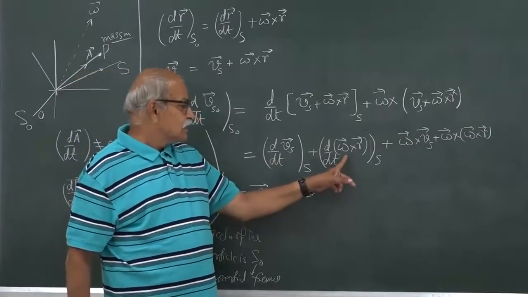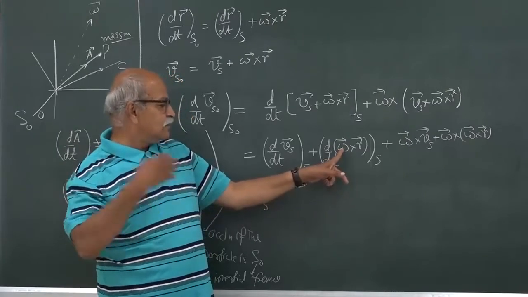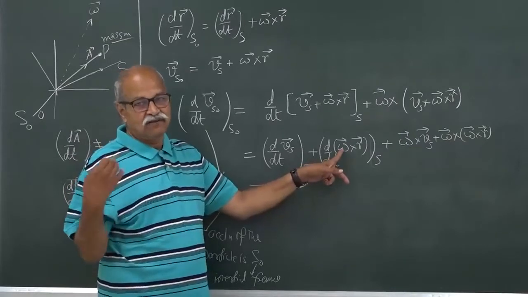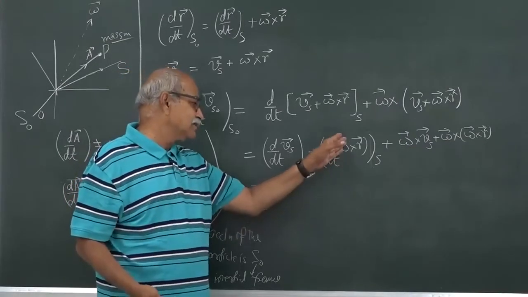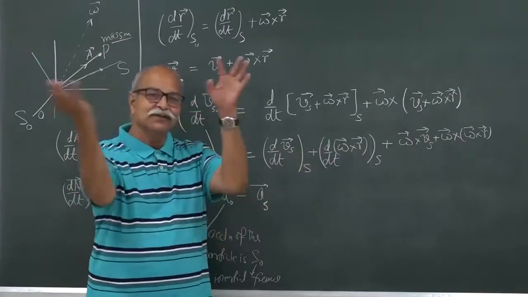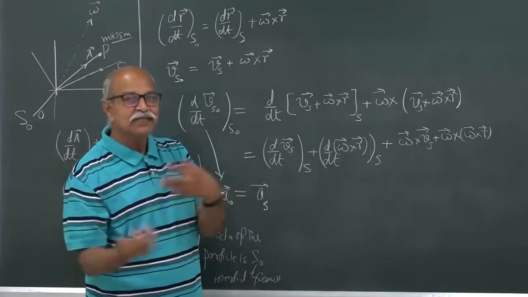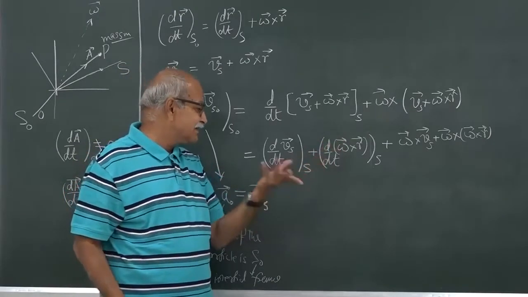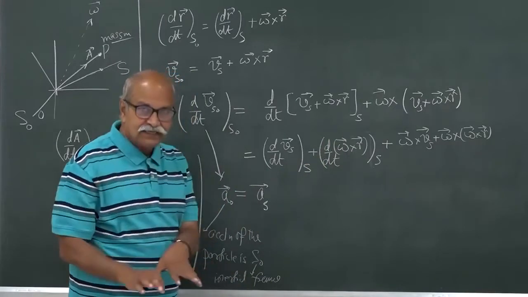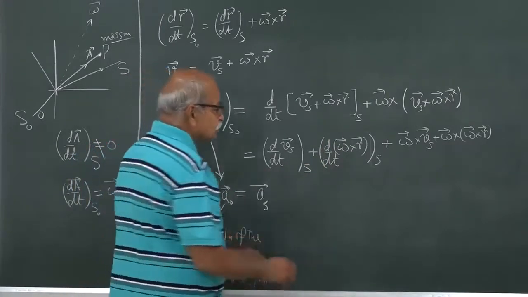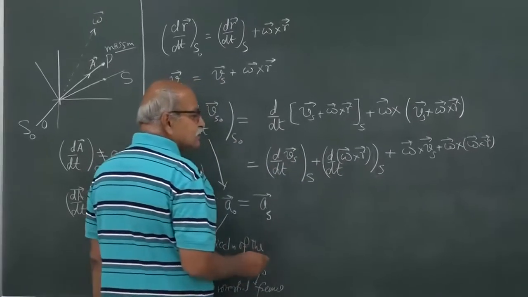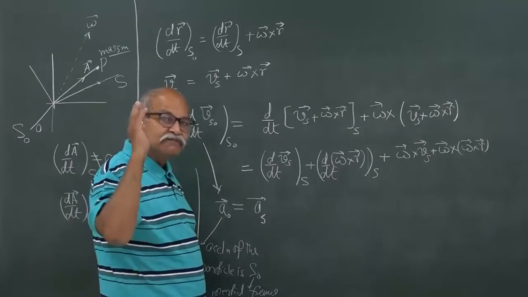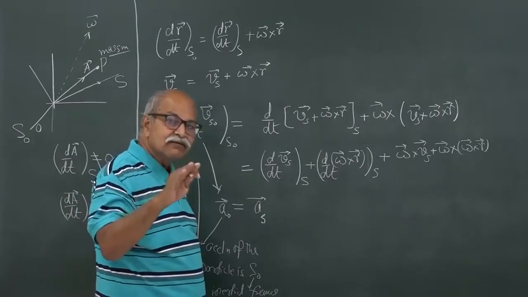Now, come here. We will take the angular velocity of the frame with respect to the inertial frame as constant. We can also write d omega by dt, if the axis or the angular speed changes, that is not a big deal. But in practical cases, most of the time we deal with situations in which this rotating frame rotates about a fixed axis at a fixed angular speed.